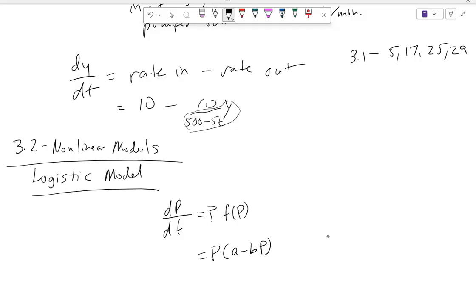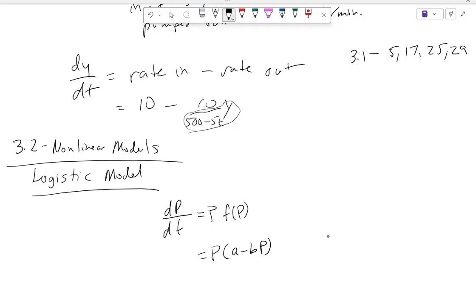Another nonlinear model they talk about in the homework problems is air resistance for a free-falling body. A lot of times in physics, you do things in a vacuum. Things don't fall in a vacuum on Earth, so they have air resistance. So what happens is that your acceleration ends up getting slowed down by how fast the object moves, and it ends up being proportional to the square of the velocity, is one model.